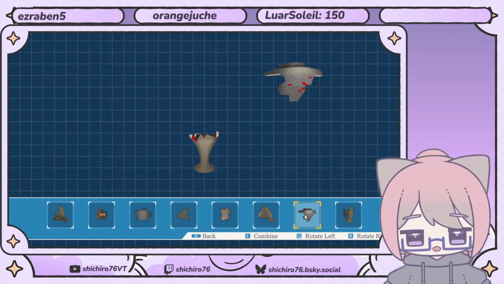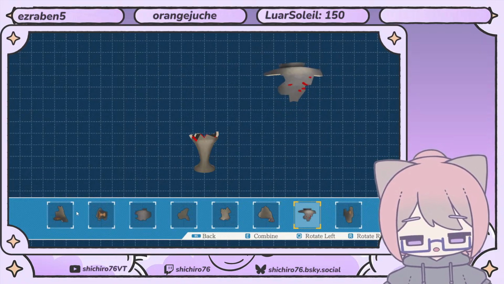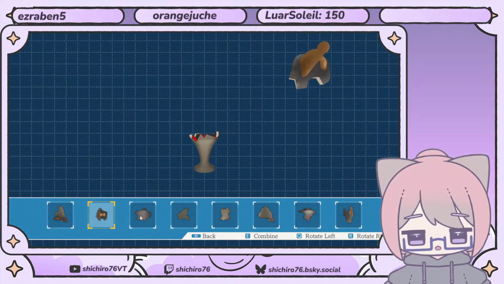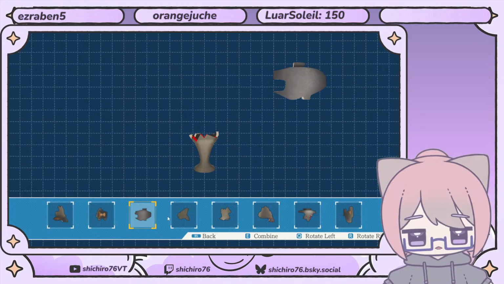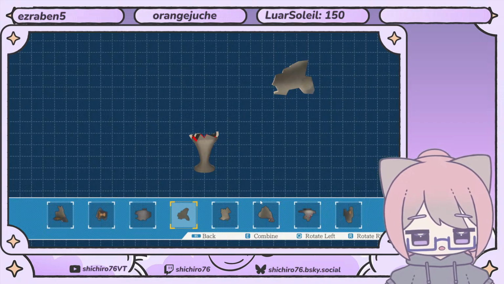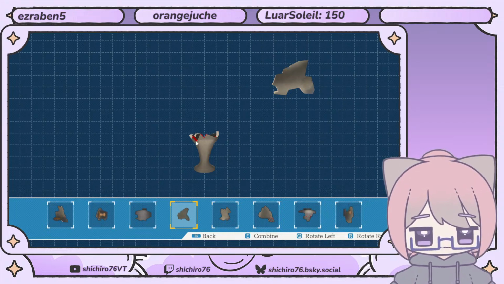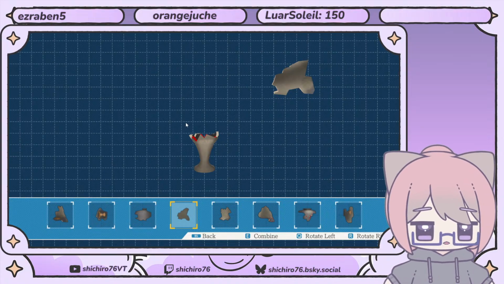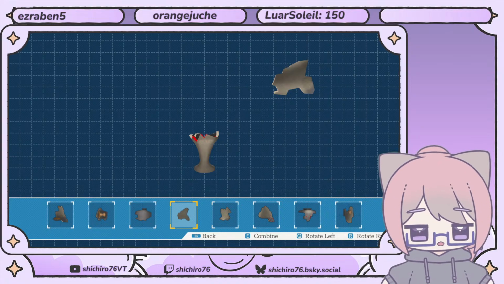Okay, and this is the top, so it's full of blood. We're looking for something broken in triangular pieces. If I could just spin around with my cursor wheel or something, that would actually be so good.